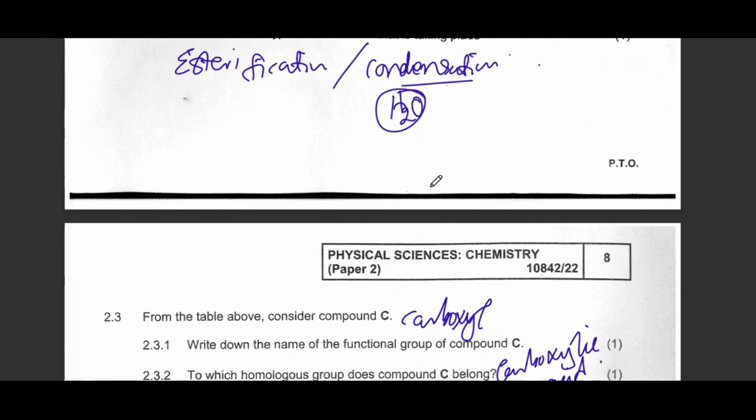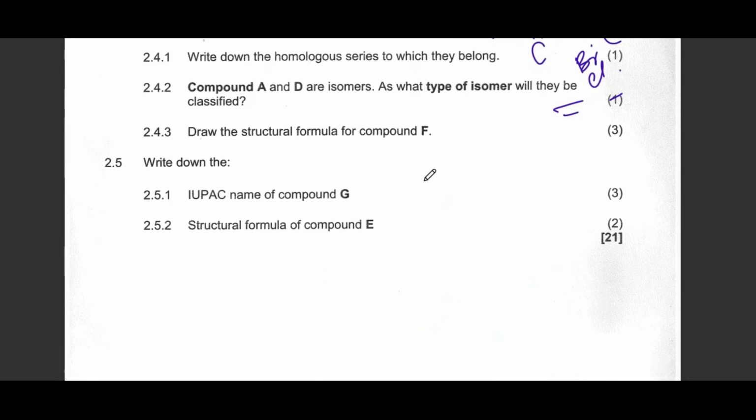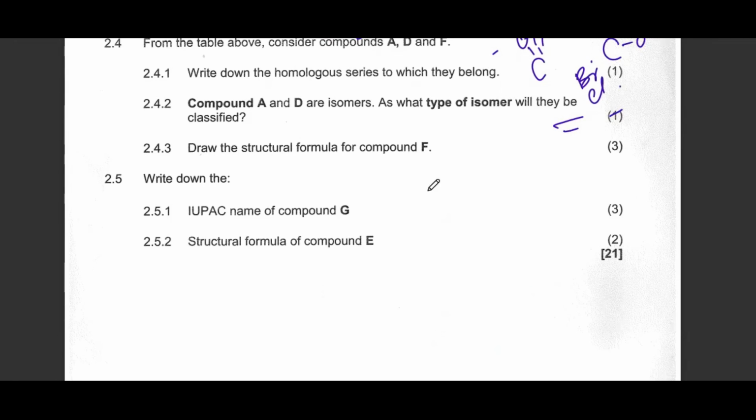F. So it means that the homologous series is alcohol. So the answer here is going to be alcohol. Yes, so we have seen that they belong to alcohol.